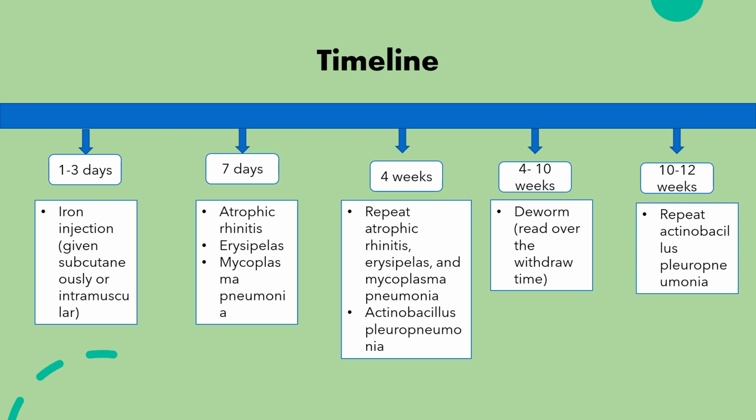And then when they are 7 days old, they'll receive a vaccine for atrophic rhinitis, erysipelas, and mycoplasma pneumonia. Atrophic rhinitis, which I want to refer to as AR, is an infectious disease that can lead to the deformation of the nasal turbinate.